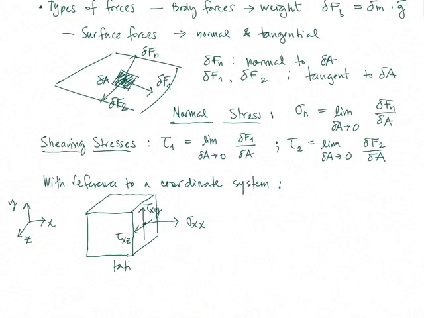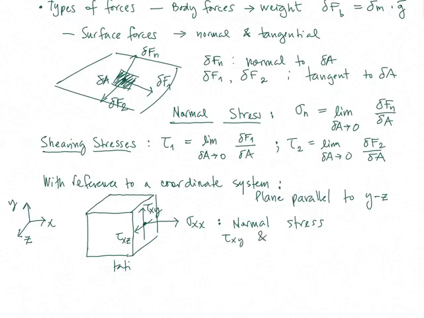So our notation is the following for the plane parallel to the YZ plane. Sigma xx is our normal stress, and tau xy and tau xz are our shearing stresses.